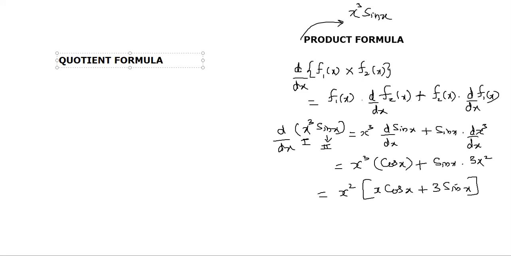So in the quotient formula, it is not symmetric. Here you have to remember numerator, denominator. It is very important here to maintain their sequence. Now if you have to find the derivative of two functions which are in division, suppose this is the first function, the numerator f1(x), divided by f2(x).